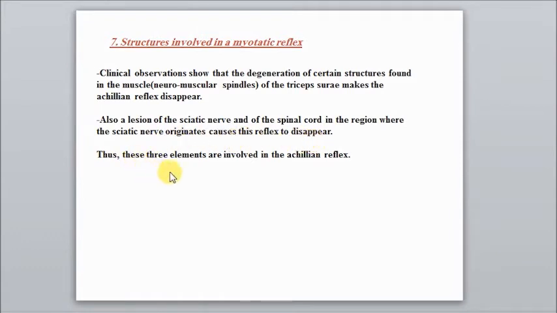Therefore, the following three elements which we have mentioned, which are the neuromuscular spindle, the sciatic nerve, and the spinal cord, are involved in the Achillean reflex.